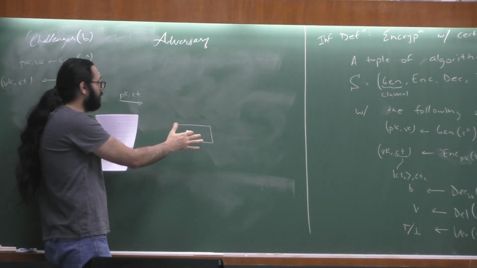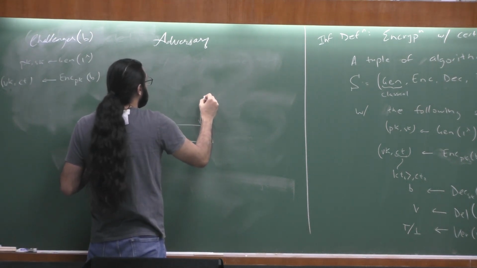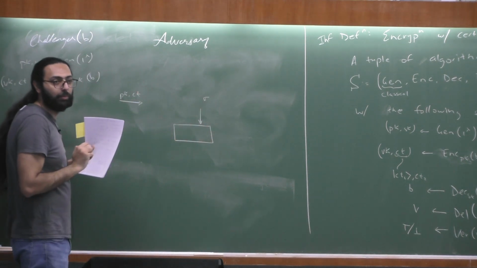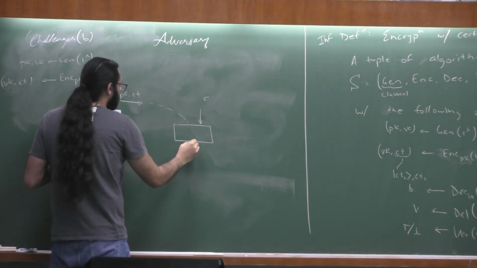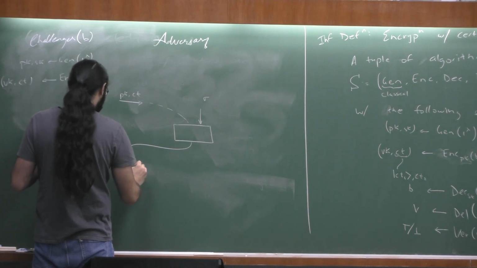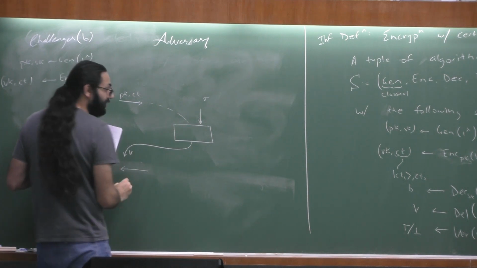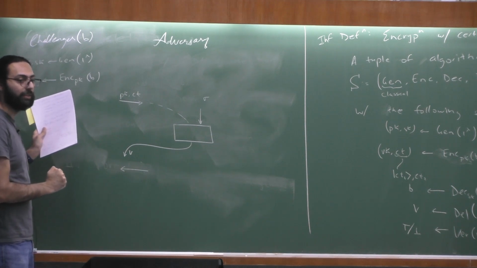The adversary in general will have some state sigma that it potentially holds by itself. And the adversary is supposed to produce a string V, which is the certificate of deletion. That's what we are trying to test in this experiment, whether the deletion certificate is correct.